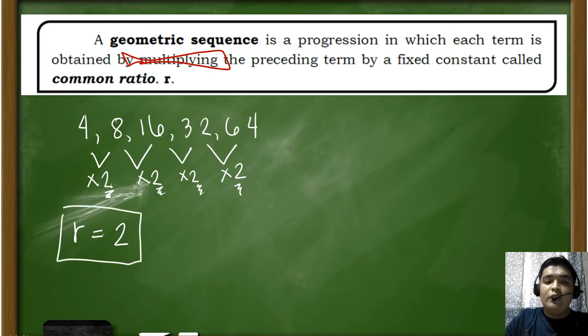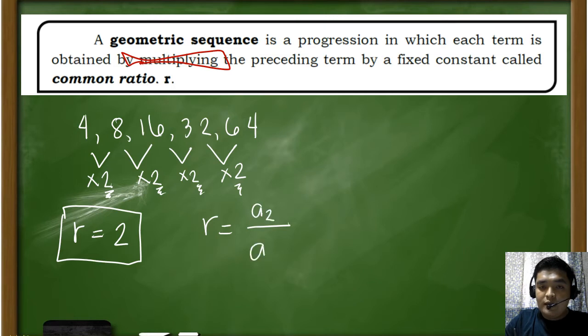So, how do we get r? r is just the second term, a sub 2, over a sub 1. Again, this is a sub 1, from our discussion last week. Then this is a sub 2 up to a sub 5: a sub 3, a sub 4, and a sub 5. So our a sub 2 is 8, 8 over 4.